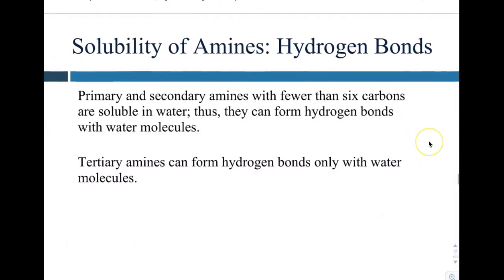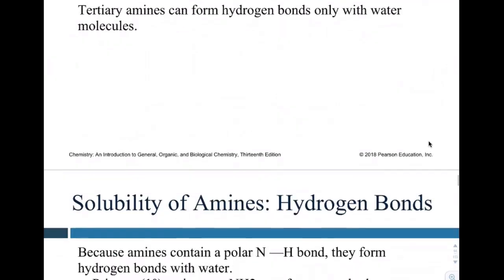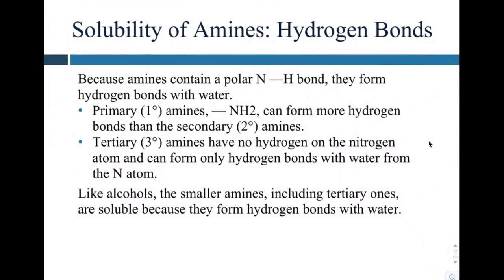So if ammonia can have some hydrogen bonding, then some amines can do hydrogen bonding too. Primary and secondary amines can form hydrogen bonds because they have N bonded to H. Primary amines have more NH bonds, so they can form more hydrogen bonds.